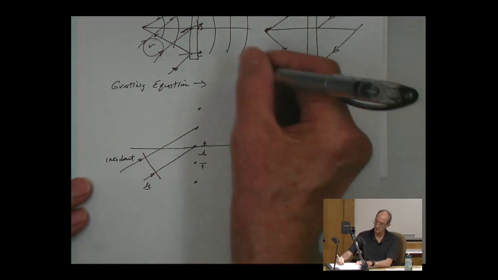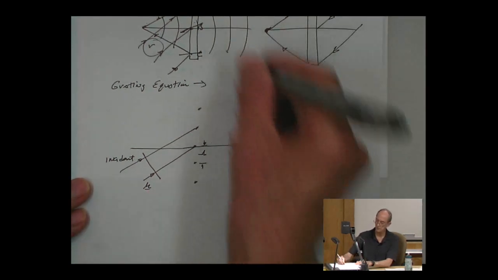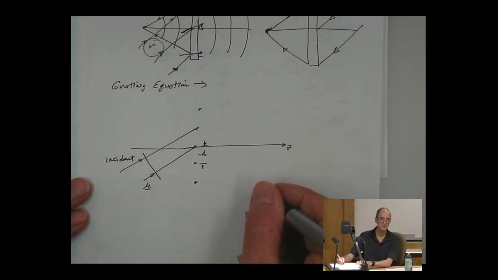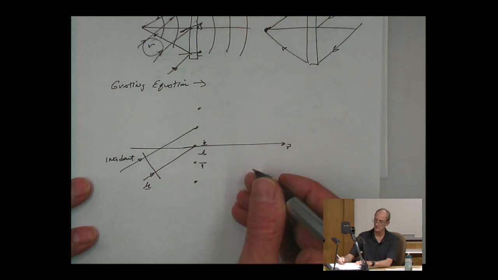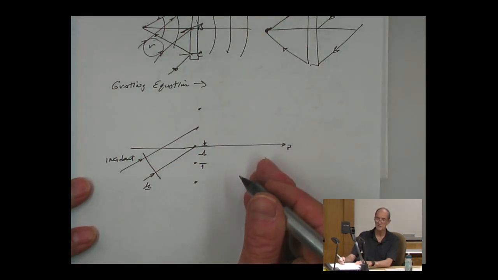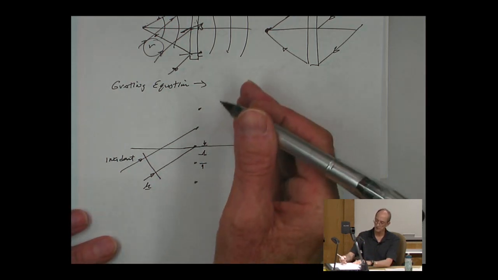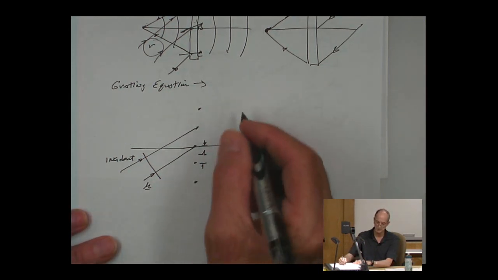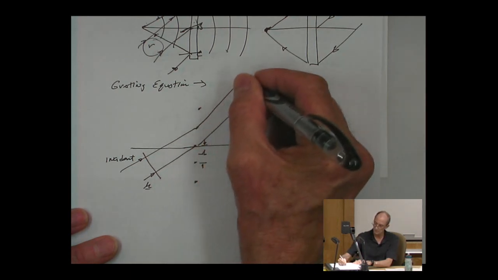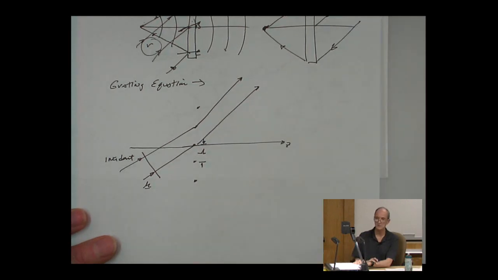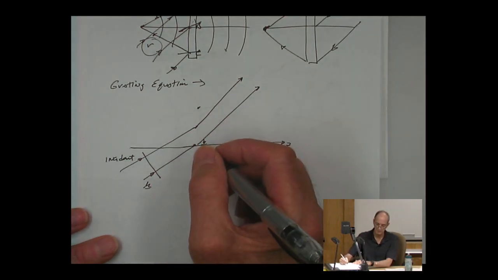And then what we do is we look out here, and only in certain directions are we going to see high intensity, due to the coherent enhancement of that scattered field. So we have a scattered field out here, but only in certain directions will we see enhancement of the intensity, and that coherent enhancement is a result of certain path length differences between the two wavefronts.